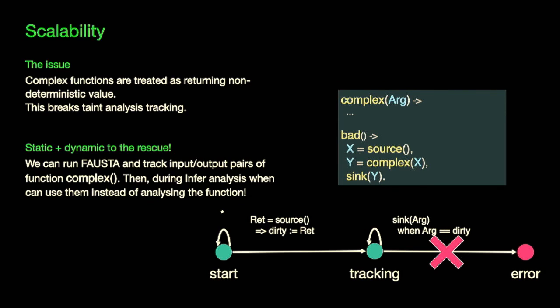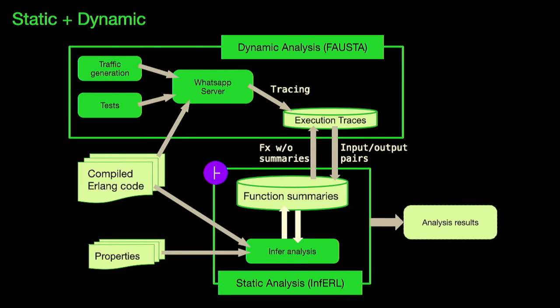So the idea here is that we can leverage Foster's runtime observation and help Infer with actual context information. We implemented this idea, and here is an overview. We first run Foster traffic generation, and then also run developer-authored tests to trigger some complex runtime behaviors of complex functions.